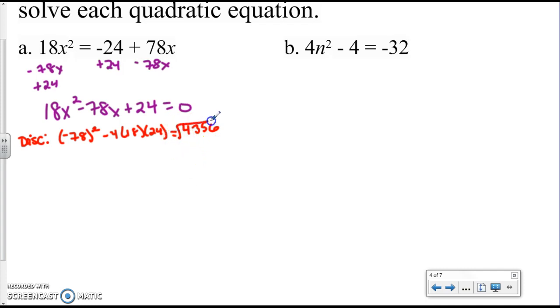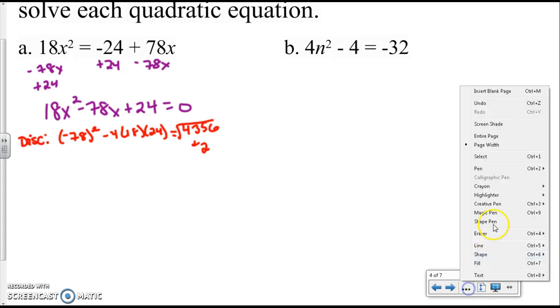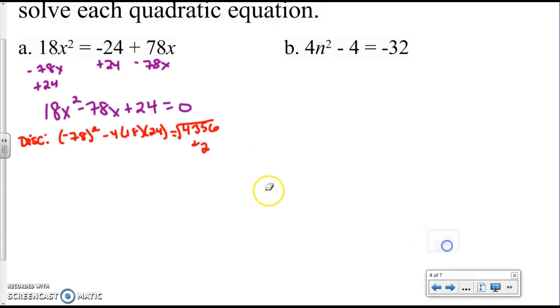But I can take the square root of that and get 22 for an answer. Okay, so since I could take the square root of my discriminant and get a whole number, I know that I have the option of factoring. So I could factor.